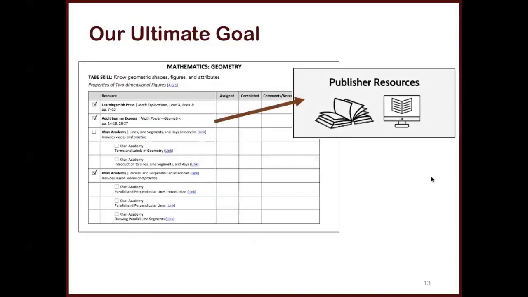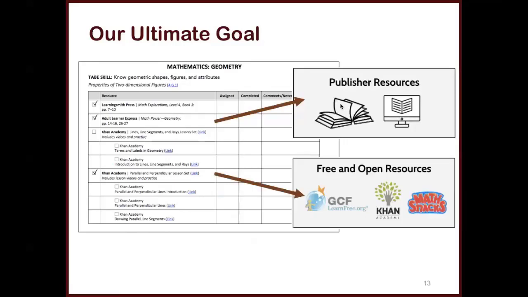We're actually working with students at Brigham Young University to understand the usability of what we're starting to build. You can pick a topic like understanding the properties of two-dimensional figures and see, from the publisher resources you might have access to, what lessons align to it, as well as, from the free and open education resources, what lessons, activities, simulations, and whatnot align to it.